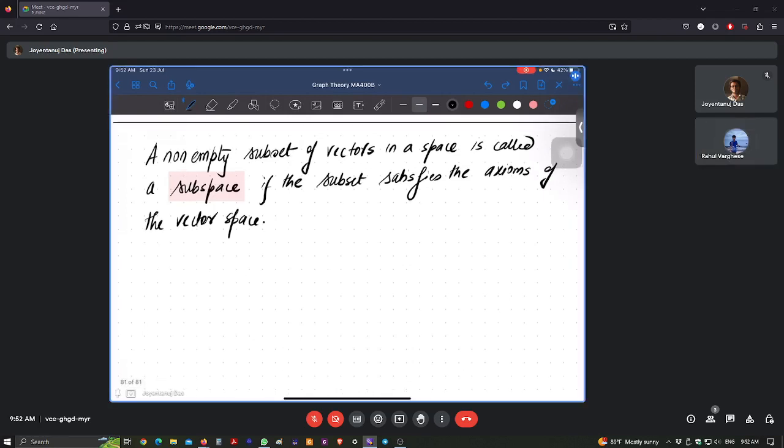So for example, a vector space is trivially its own subspace, that is already there.